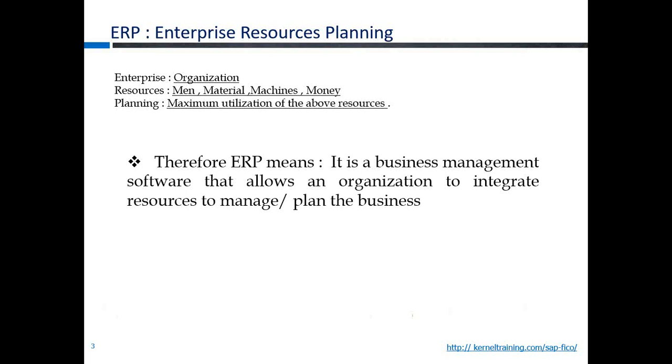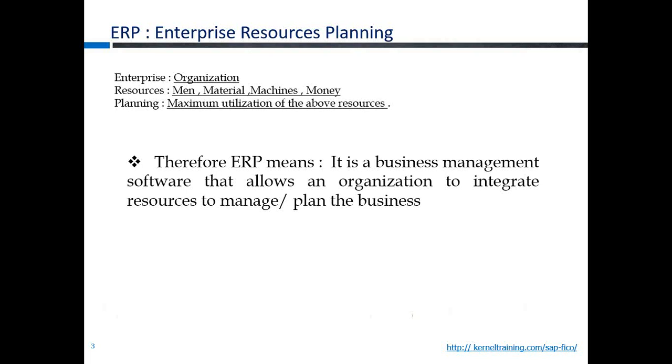Organization is something where a particular activity is carried out depending on so many factors like men, material, machines, and money, which are called resources. So these four, men, material, machines, and money, are called 4Ms, which is very, very important for an organization to run successfully. So planning these enterprise resources is called ERP.